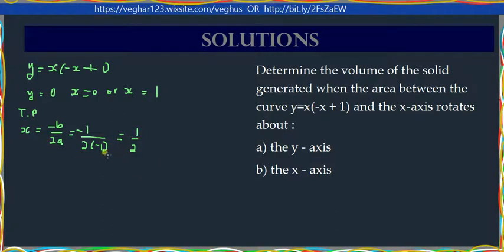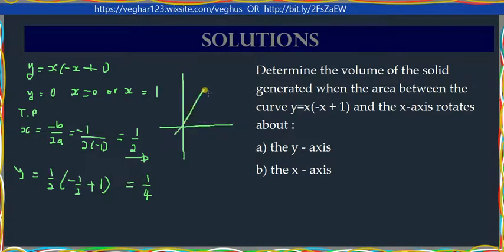So we have an x of 1 over 2. So solving for y, we'll substitute the value of x here, which is 1 over 2. And then we'll be left with this one being positive, so we'll have 1 over 4 as our turning point. So we have a graph like this.